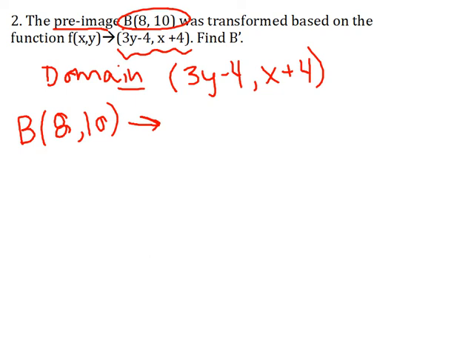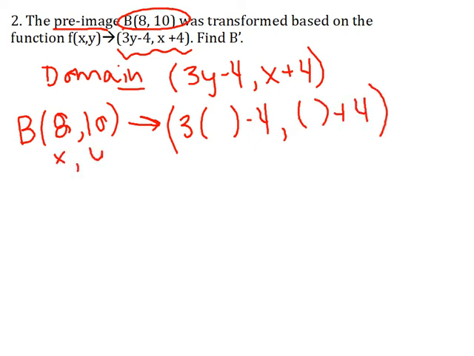We have seen with our rotations and reflections that sometimes the y comes first and the x comes second. And that's okay. It just depends on what the function is doing with the point. I'm going to plug in 3y minus 4 and then x plus 4. And then we recall we have xy, and we're going to plug those in their appropriate places.